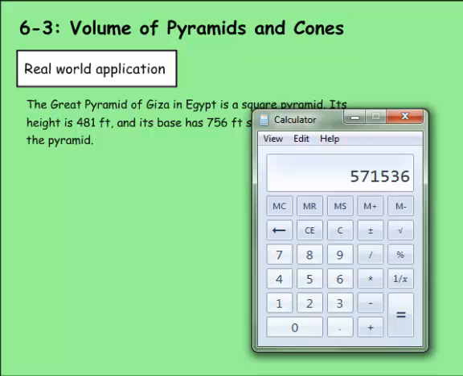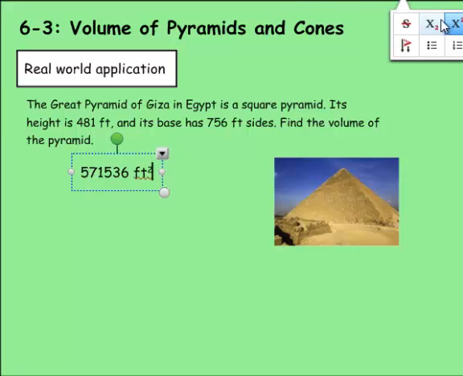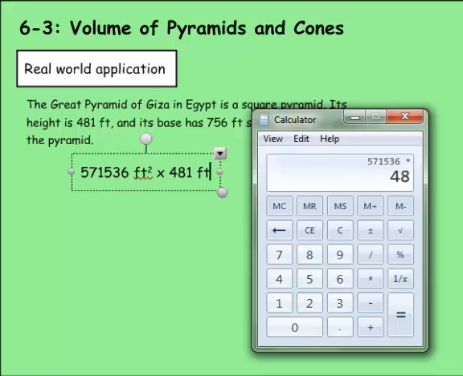756 times 756. So the area of the base is 571,536. And that would be square feet. We multiply that times the 481 foot height. So this becomes the amount of cubic feet.